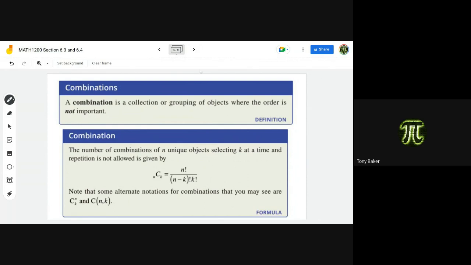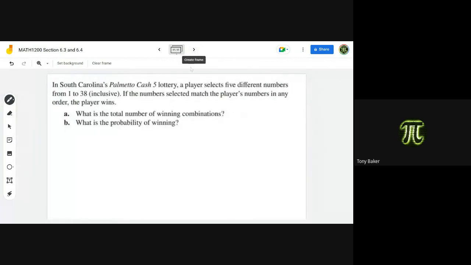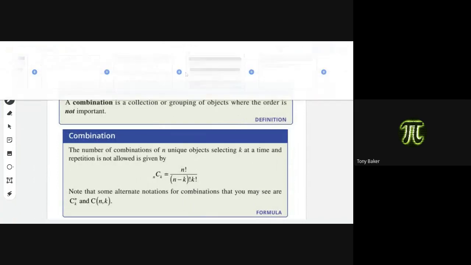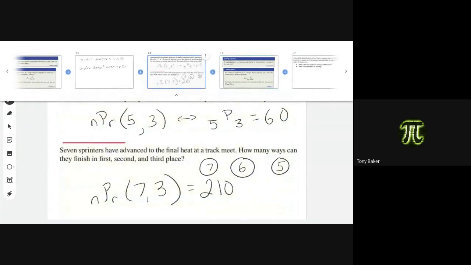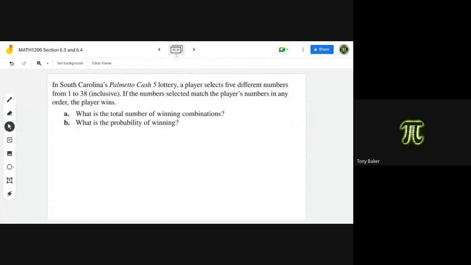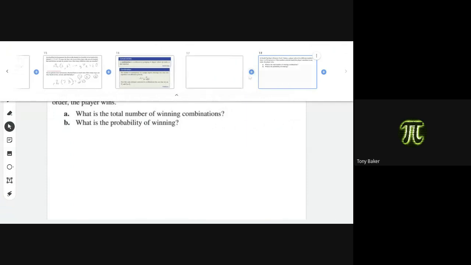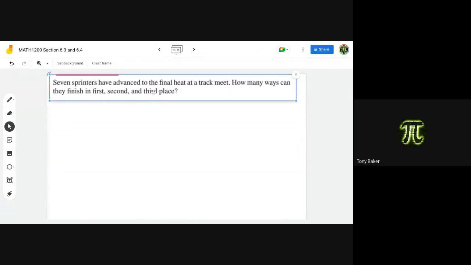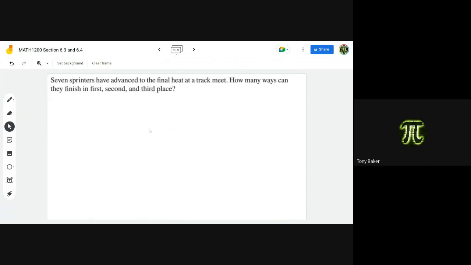Okay. So let's actually do the one I just did. All right. So if it didn't really matter if they came in first, second, or third, we just want 3 people.